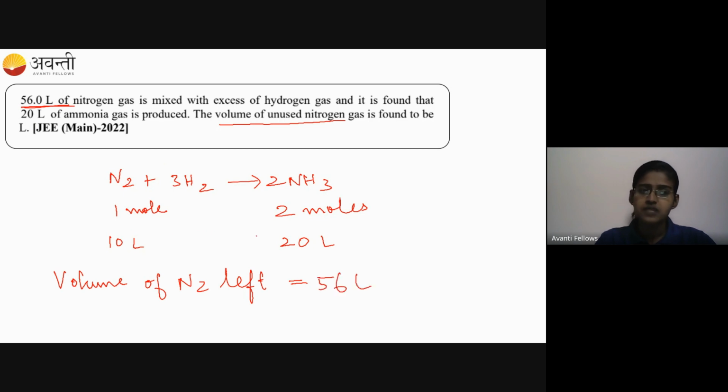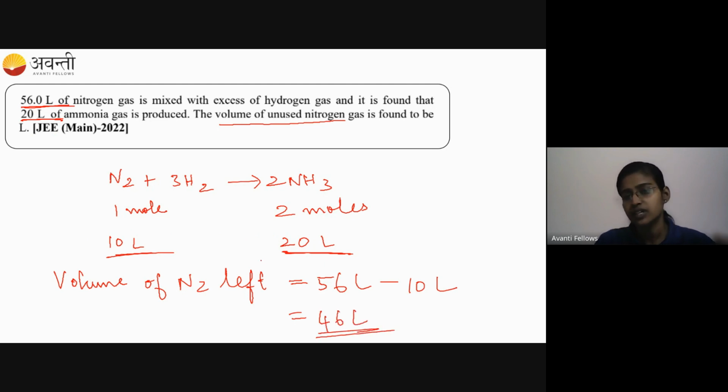Now out of this 56, to produce this 20 liter of ammonia, only 10 liter of nitrogen is being used. So what I have to do? 10 liter has got reacted from this 56 liter. So 56 minus 10 will give 46 liter. So 46 liter of nitrogen gas is left unreacted. Okay. Clear? Any doubt you have from this?